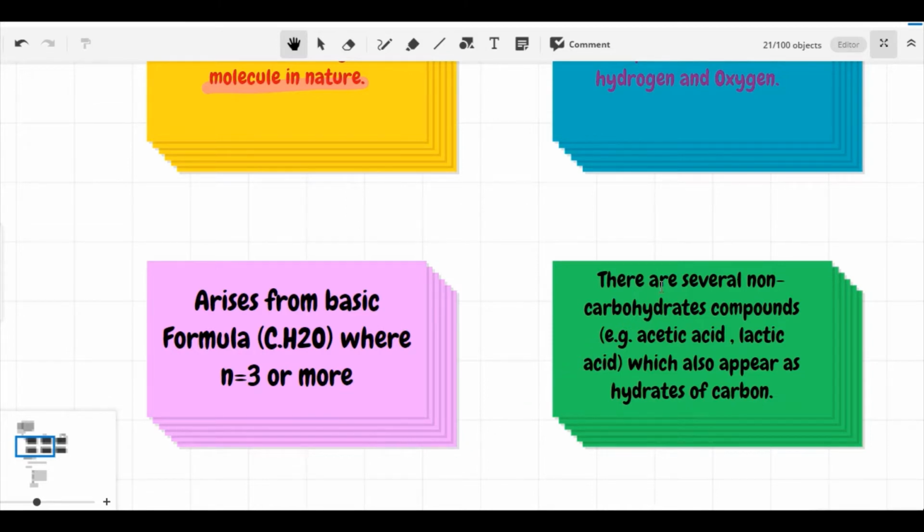However, there are several non-carbohydrate compounds, like acetic acid and lactic acid, which also appear as hydrates of carbon.